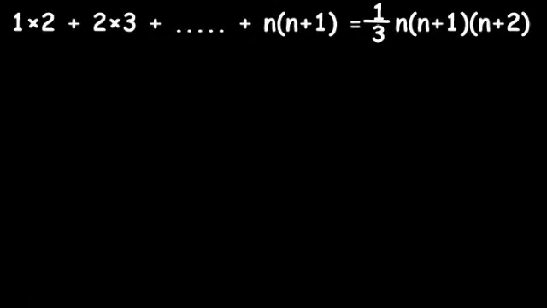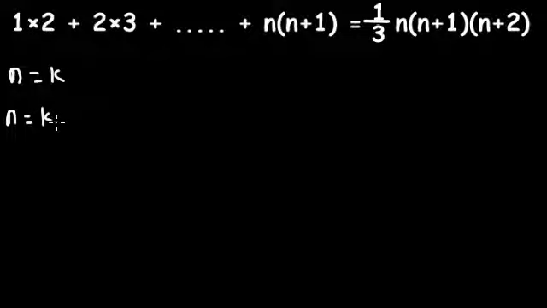Now on to the second stage, which is the inductive hypothesis. So we want to assume that the equation is true when n equals some number k. Then we use that to show that the equation is also true when n is equal to k plus 1, as long as it is true for n equals k.